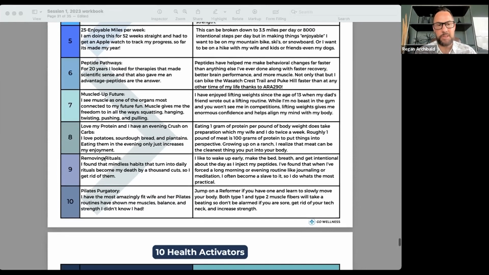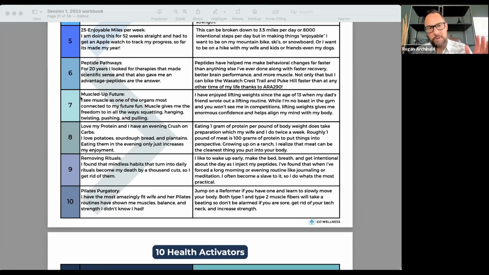Love my protein. I have an evening crush on carbs. I think carbs have gotten a real bad rep. We've all heard about the keto diet, the paleo diet, all these things, but really carbohydrates help feed the good flora in your gut.